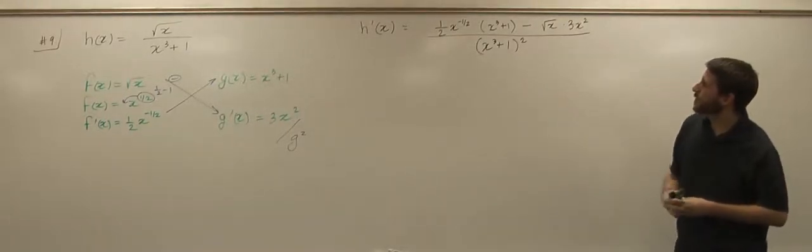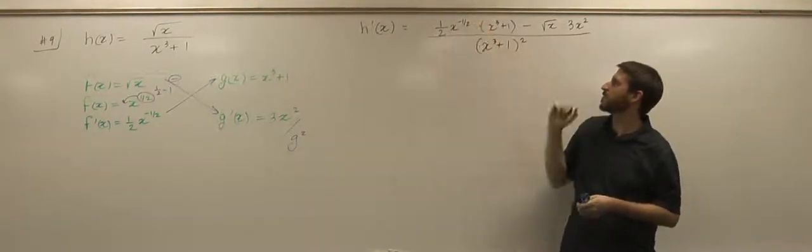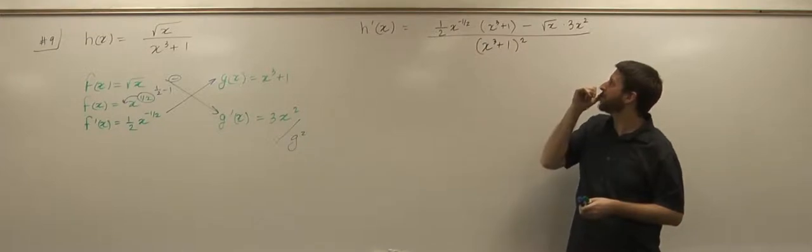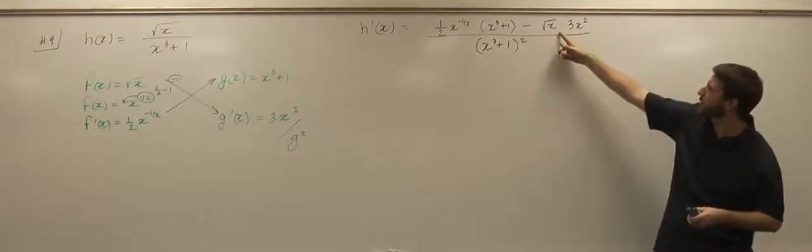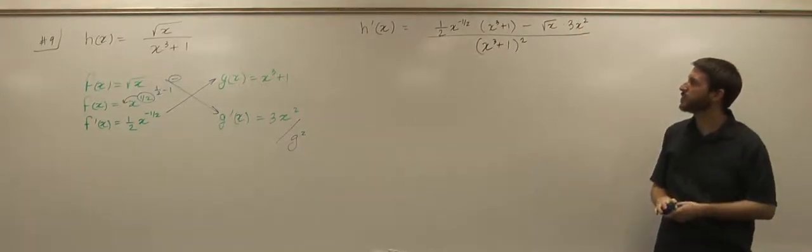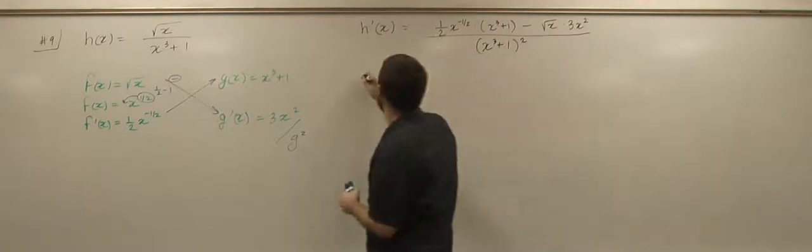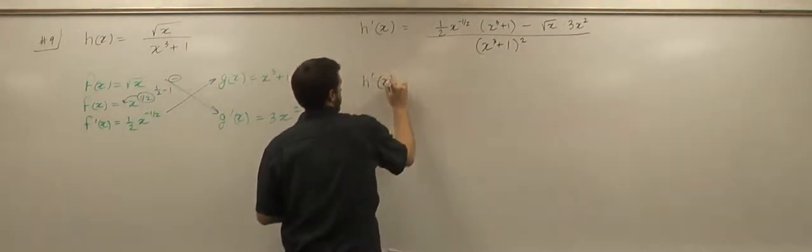On the top, I can distribute out my 1/2 x to the negative 1/2 here. And here I'm going to turn this into an x to the 1/2 and combine these exponents. So what do you think is going to happen here?